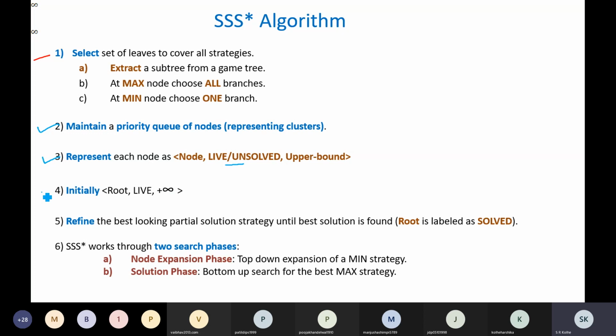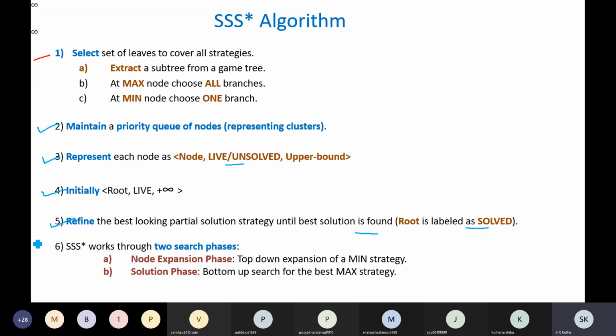Initially, of course, you are going to start with the root, then it will be live, and the upper bound you will have to define, since initially you don't know the highest value, that is plus infinity, and then you refine the best looking partial solution strategy until the best solution is found. So when this root is labeled as solved, the algorithm will terminate. Initially it is live, and at the end that root will be labeled as solved.